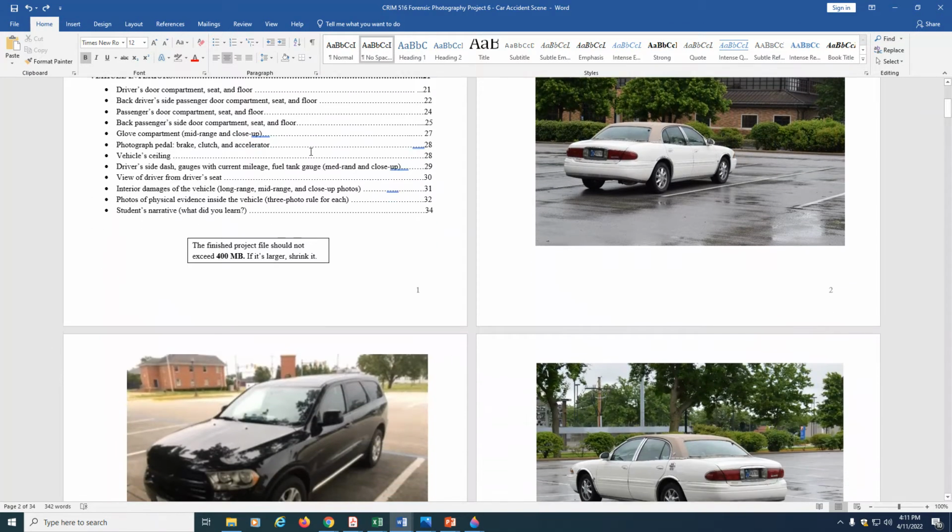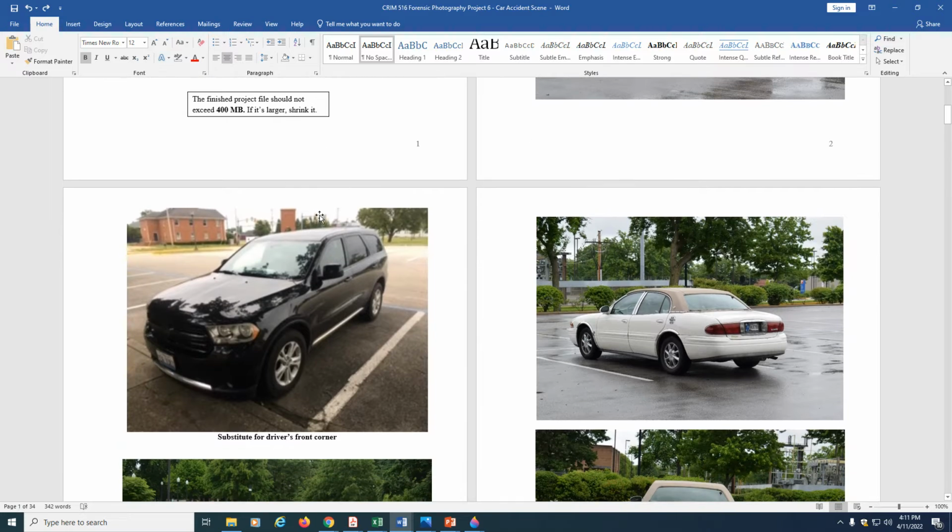So for this particular case, something you can be aware of also, notice this picture, and there'll be a few others that are of a different vehicle. If something happens, not in real life obviously, but for this project, if something happens to where one of the pictures of the vehicle that you are using isn't wanting to cooperate, you can't insert it into the file for some reason, and you need to take a new picture, well, you can do substitution pictures.